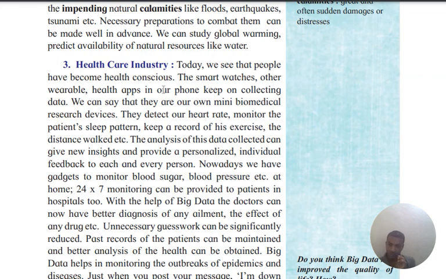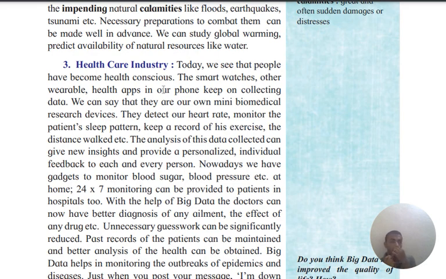The analysis of this data collected can give new insight and provide personalized, individual feedback to each and every person.